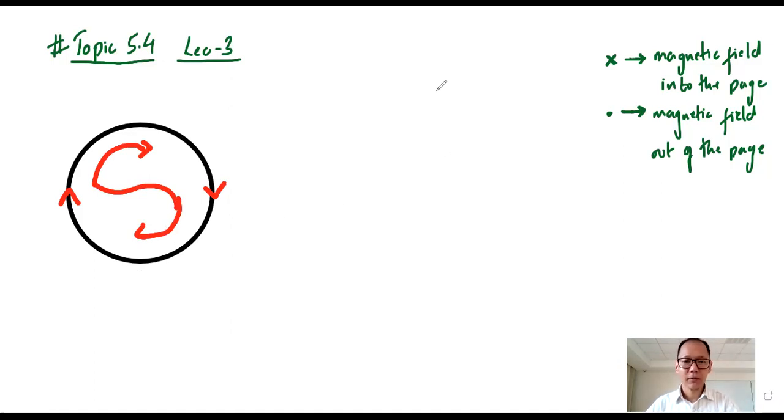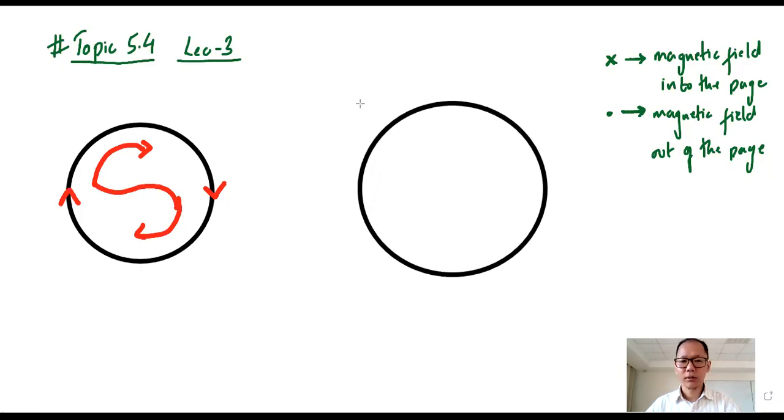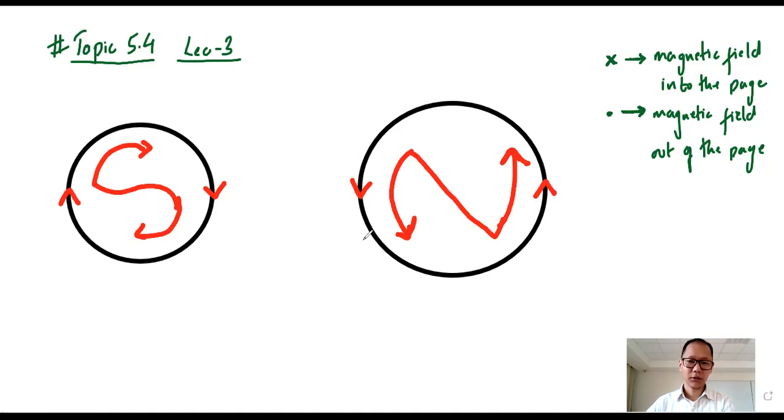Likewise, if you have a wire in which the current is flowing in the opposite direction, like this, then you can think of it as something like that. So this is like a north pole. The face of the wire that you're looking at should be a north pole.